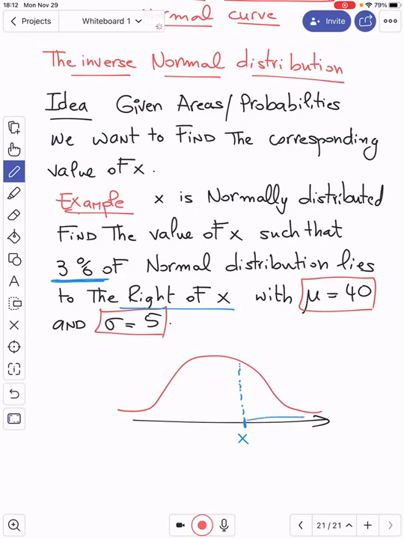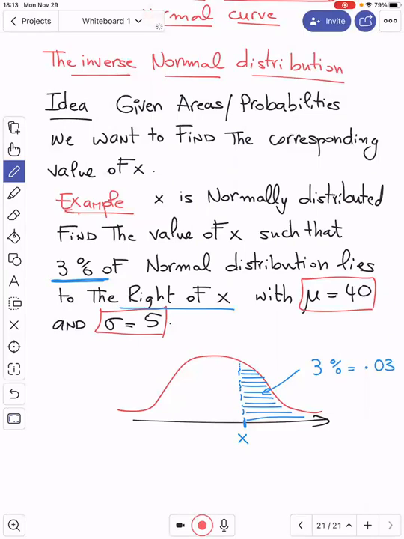So the area to the right of x is 3%, or 0.03. So for which value of x is the area to the right of x 0.03? That's the goal here.